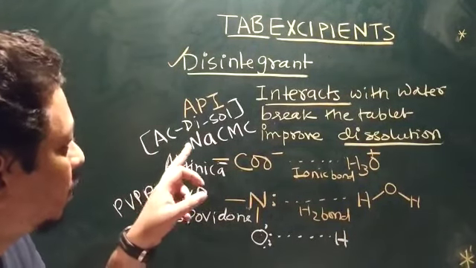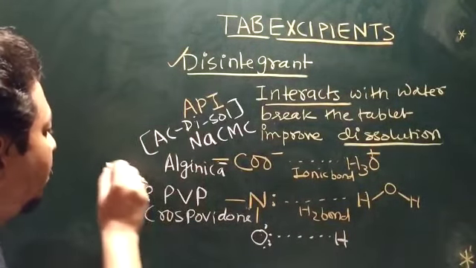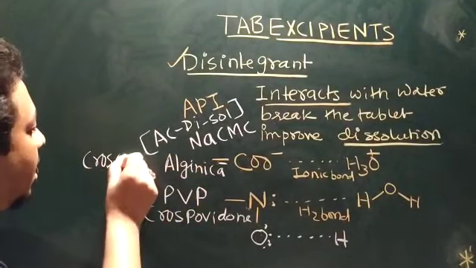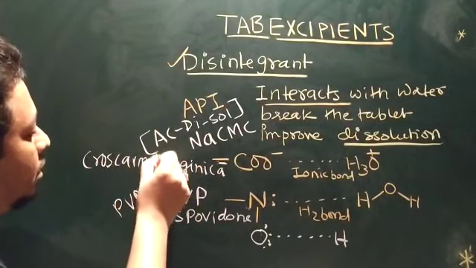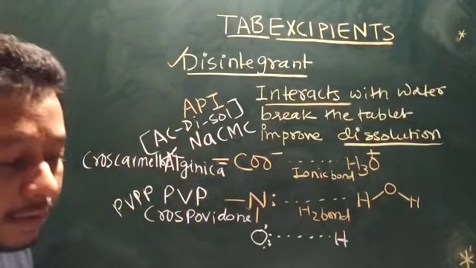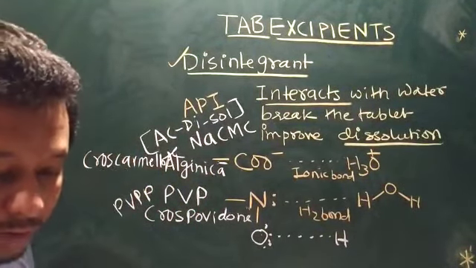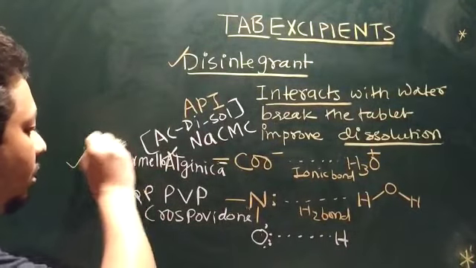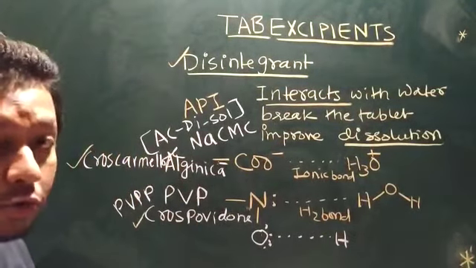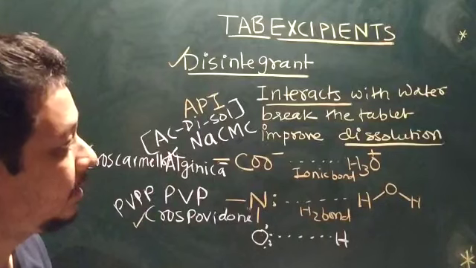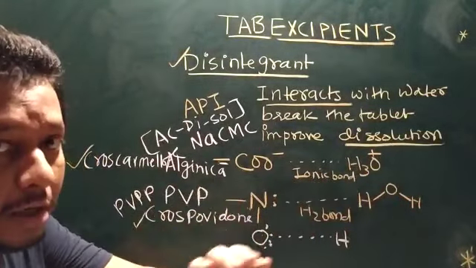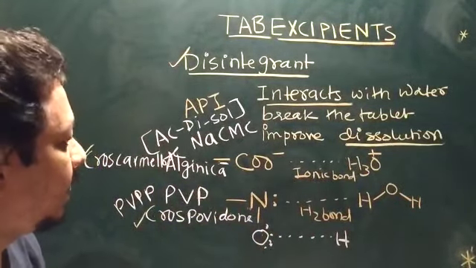Now you have cross-linked CMC, which is known as croscarmellose. It is also known as a super disintegrant. So croscarmellose and crospovidone are both super disintegrants, and they can improve dissolution of poorly water soluble API.